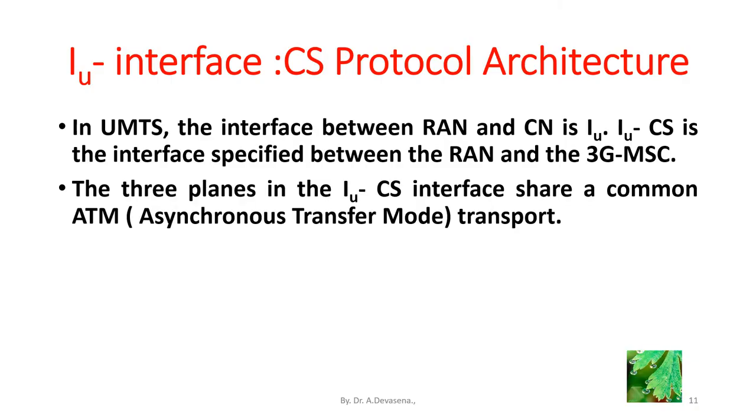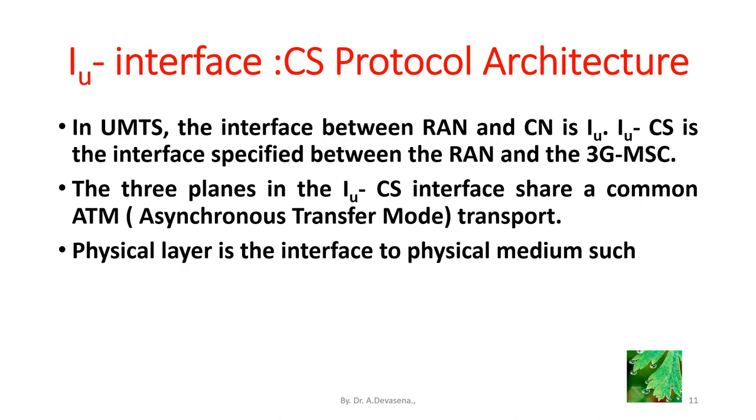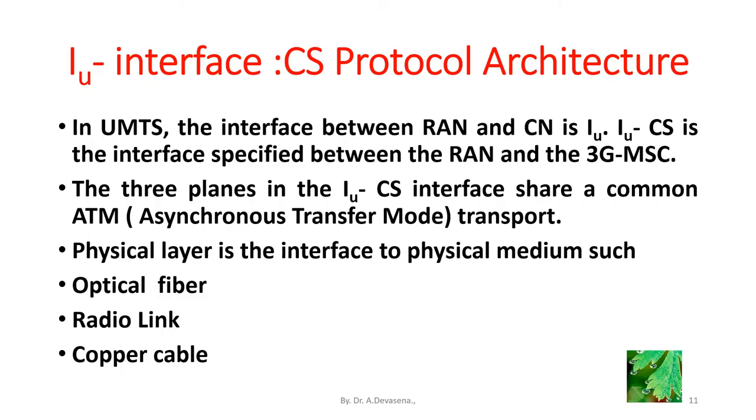The three planes in the IUCS interface share a common ATM, that is asynchronous transfer mode transport. Physical layer is the interface to the physical medium such as optical fiber, radio link, and copper cable.